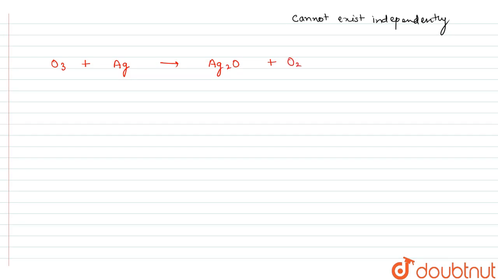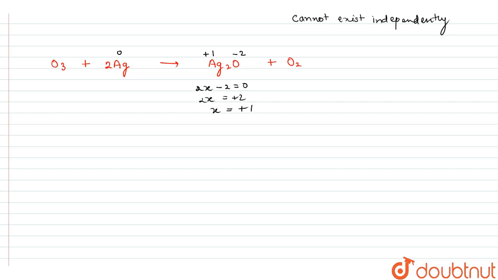If we talk about the oxidation state, the oxidation state of silver on the left is 0. On the right, let us assume it is x. So 2x, with O being minus 2 charge, 2x minus 2 is equal to 0. So 2x is equal to plus 2, hence x is equal to plus 1. So Ag is in plus 1 oxidation state here.